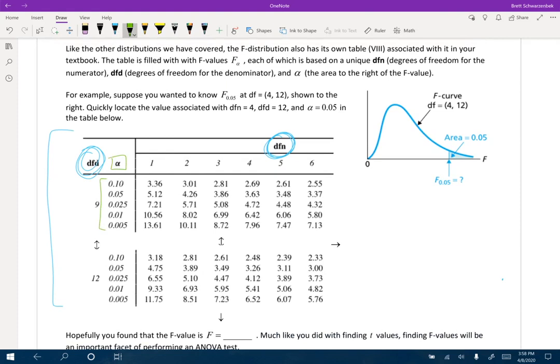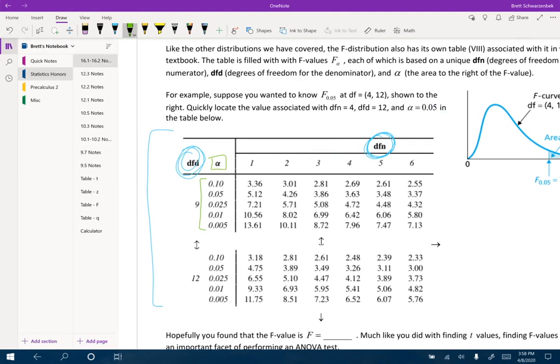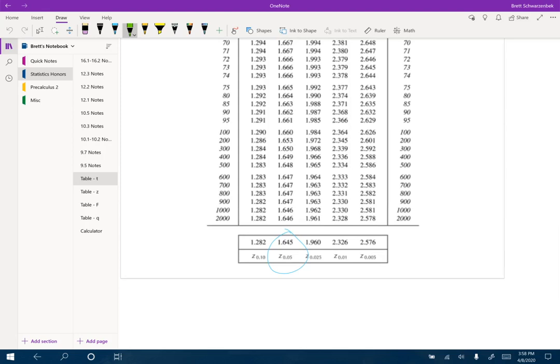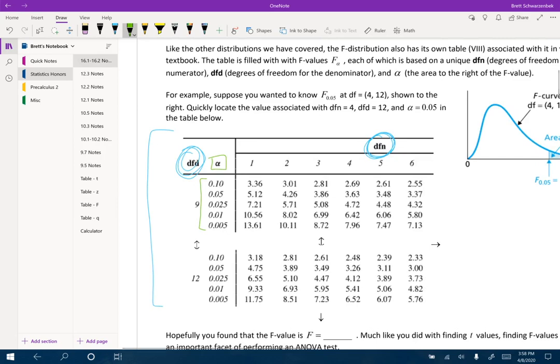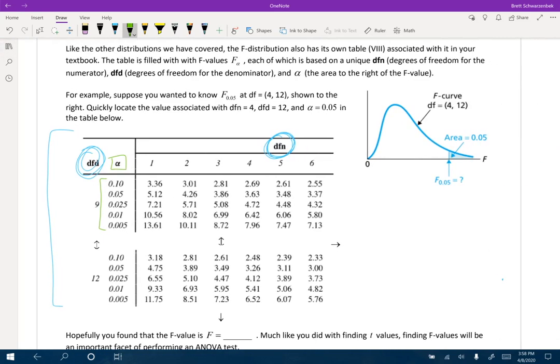Now, why are these values important? Because if you remember in the t distribution, you'll see that there are 5 possible values at the bottom here, right? 5. So it's the same 5 alpha values, remember here, z sub alpha, that are in the table itself. So if we go, you'll see that they repeat the alpha values.